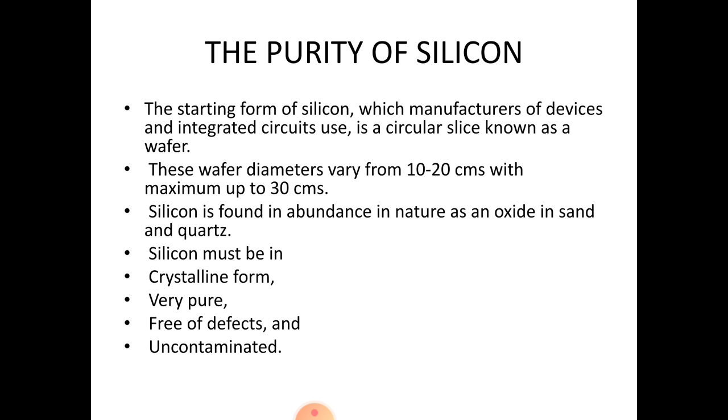Silicon must be in crystal form. Next, silicon must be very pure, free of defects and uncontaminated. Already I specified that the pure form of semiconductor is nothing but intrinsic semiconductor. So here we are not adding any impurities to the semiconductor, right?